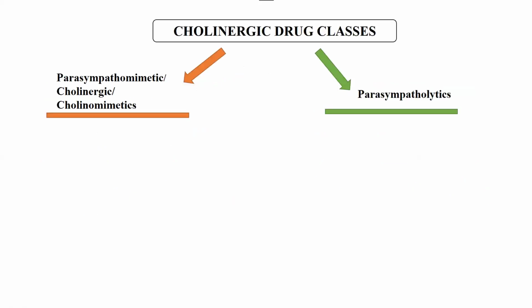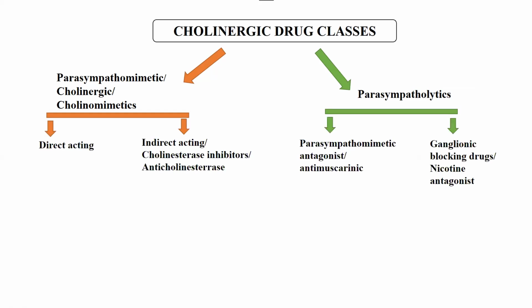In cholinergic drugs, we have parasympathomimetics, also called cholinergics or cholinomimetics, and parasympatholytics. You can say that parasympatholytics are antidotes for parasympathomimetics. In this, we have further categories: direct acting, indirect acting, parasympatholytics, and then we have nicotinic antagonists.